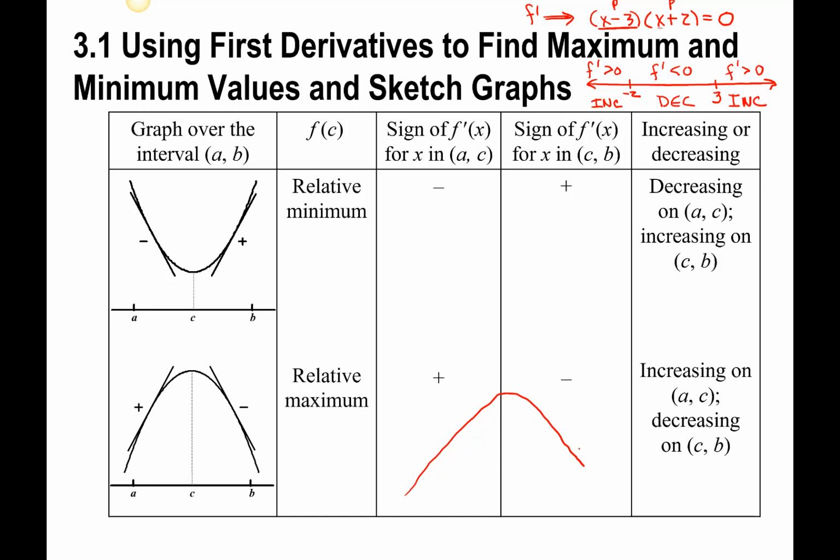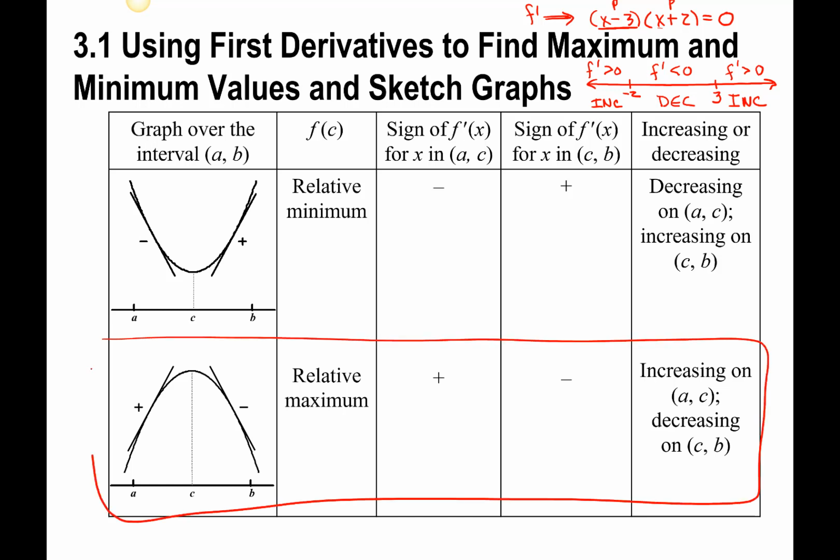That is what is borne out on the second portion of this chart. You will get a relative maximum in locations where the sign of the derivative goes from positive to negative. Anytime you see positive, negative, boom, you know you've just passed a point that's a maximum.